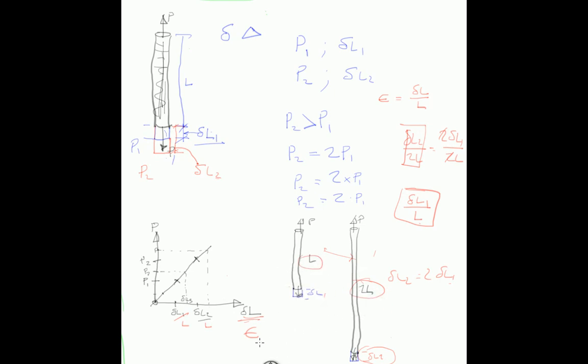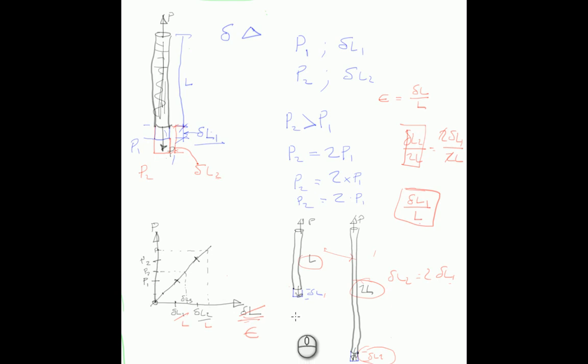So by plotting strain on this axis instead of change in length, I've now eliminated that potential problem whereby if I change the original length, I have a problematic situation.